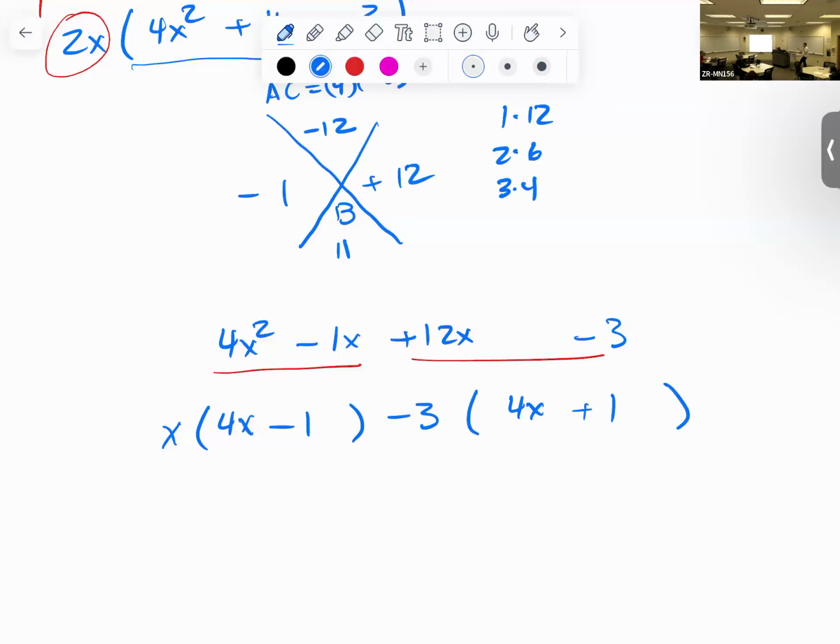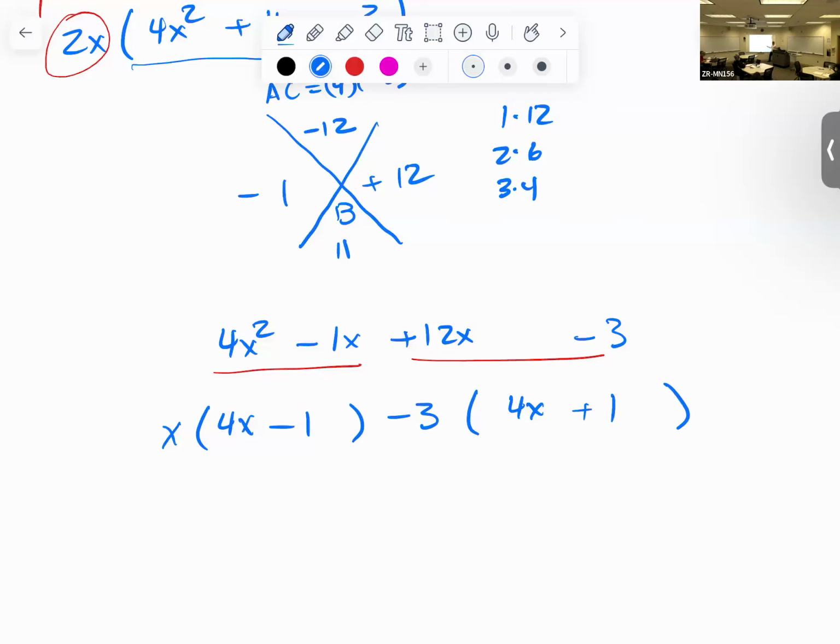Now, here's the issue, and this is really common. Notice, we made a mistake. The temptation is to just put 4x here. But -3, remember when you rainbow, this whole piece comes in. -3 times 4x becomes -12x, so that sign didn't match. -3 times 1 becomes -3, so the second term is correct.